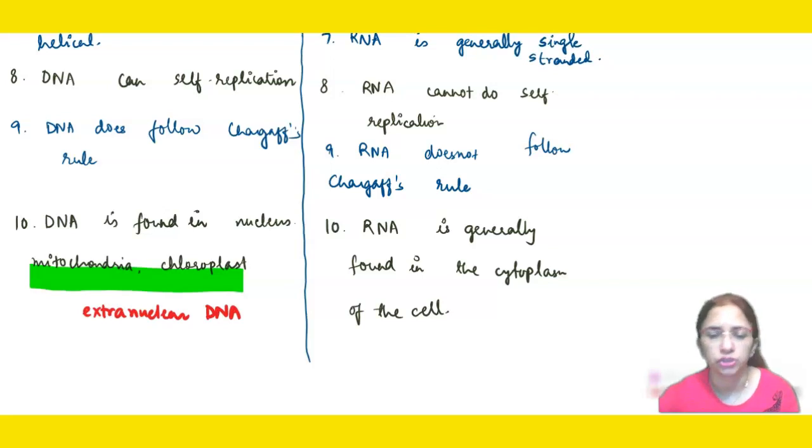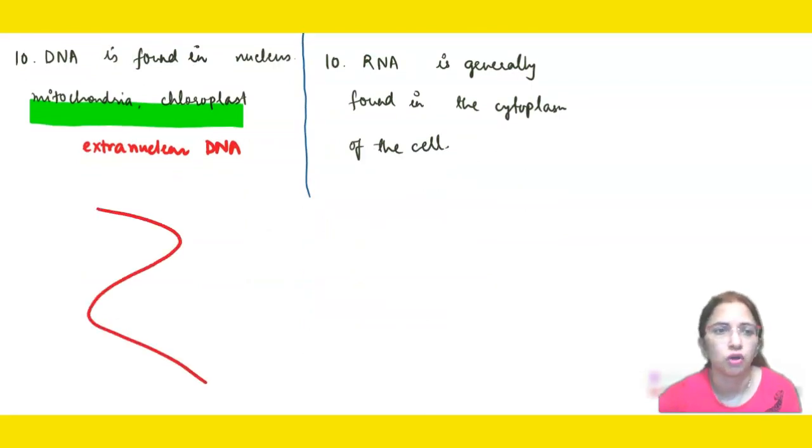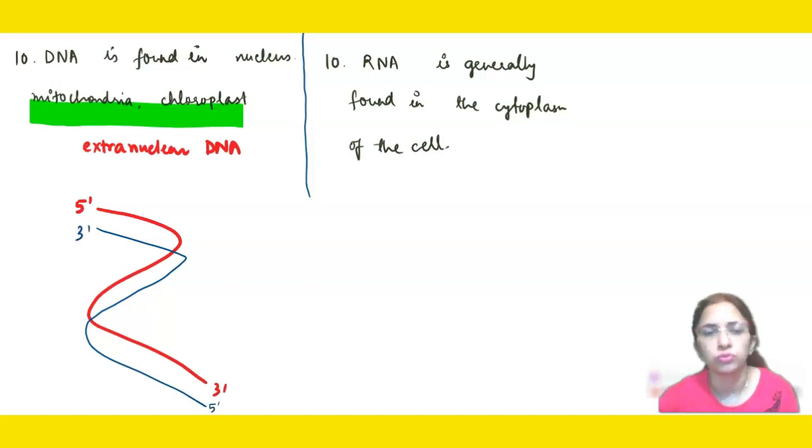Make sure whenever you are ending such a differentiation, do draw the quick structure of DNA, which will depict that DNA is double helical in nature. Do label the ends as well, because the examiner will see whether you know to mark the ends or not, because in this way it is clear that you know that DNA is antiparallel in nature.